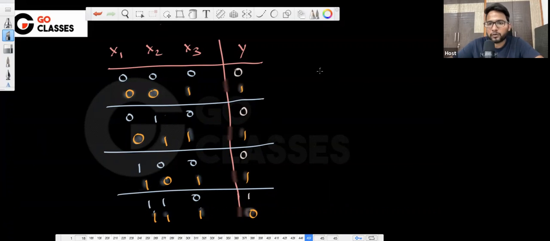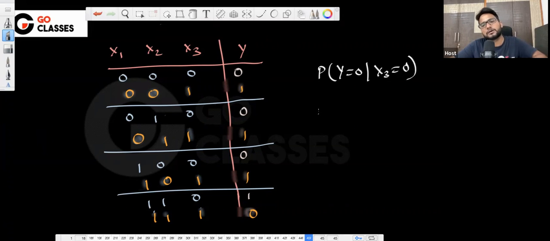Now, what I want to calculate is probability of y equal to 0, given that x3 equal to 0, right? Every one of these rows has 1 by 8 probability.